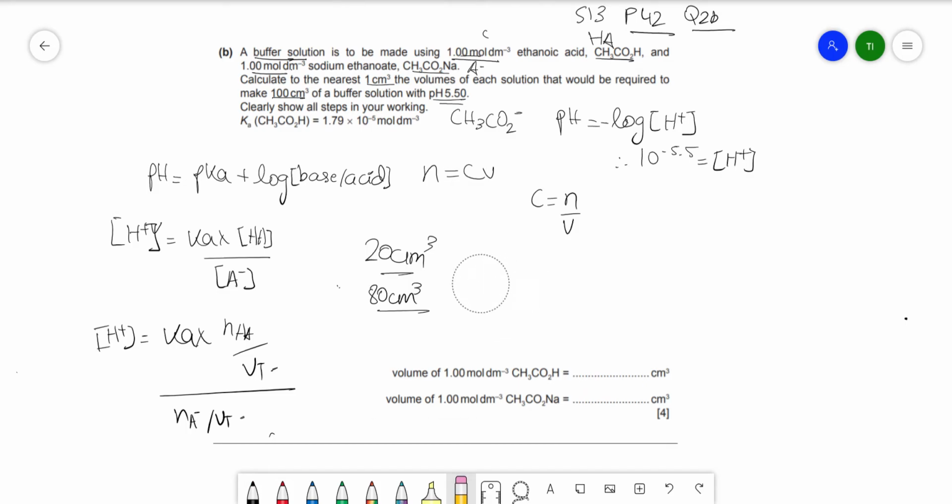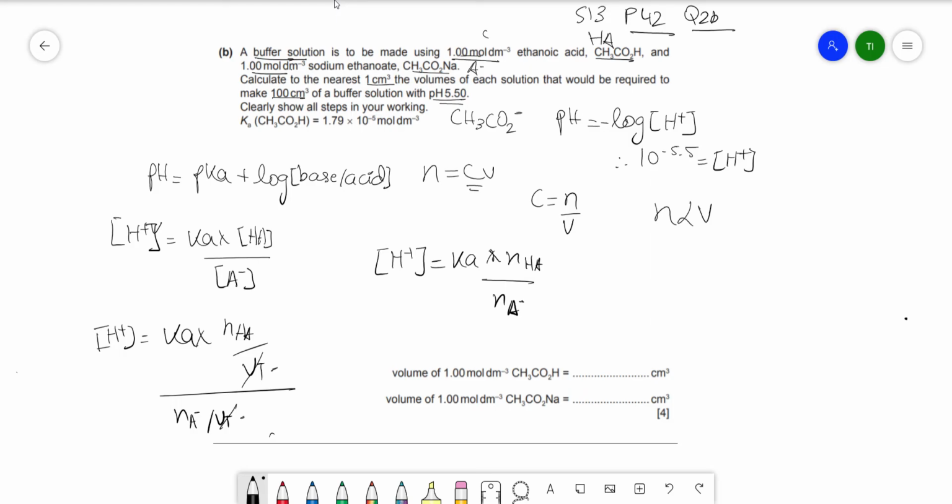Let me just rub this out. Because they both are equal, they cancel each other out. So the concentration of H⁺ is equal to Ka times the moles of acid divided by the moles of base. And in the question, they've made it so much easier for you. They've made the concentrations of the acid and base in their independent solutions 1. So n is directly proportional to V, where C is the constant here.